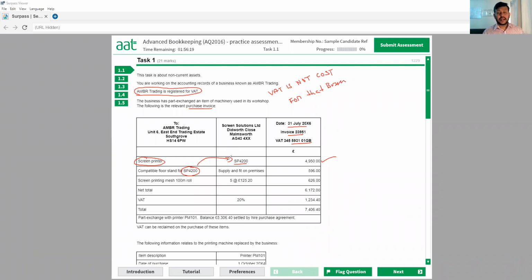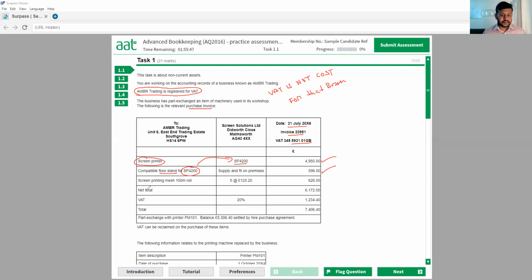For example, the installation, delivery, or someone coming to fit the machine. Without that, the product will not be ready to use, so we can add that sort of expense to the cost. So the floor stand is part of the printer, and we can add this one as well.